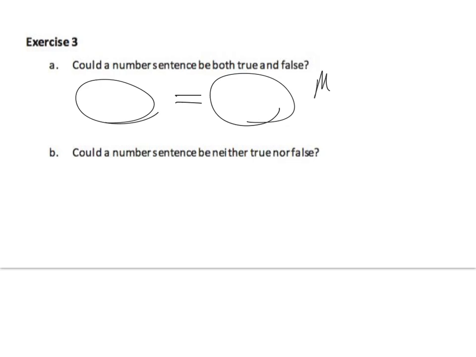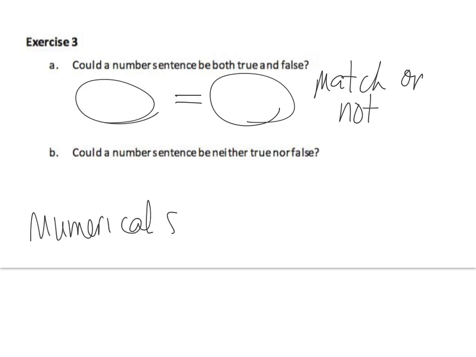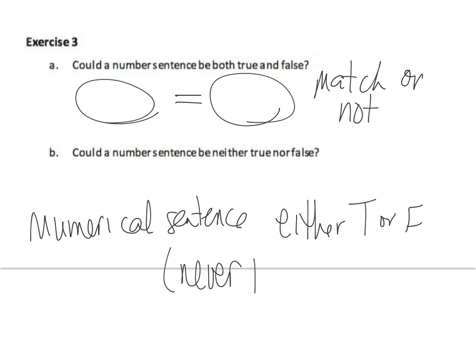Either these match, or they don't match. So I have to say that a numerical sentence is either true or false. Never both.